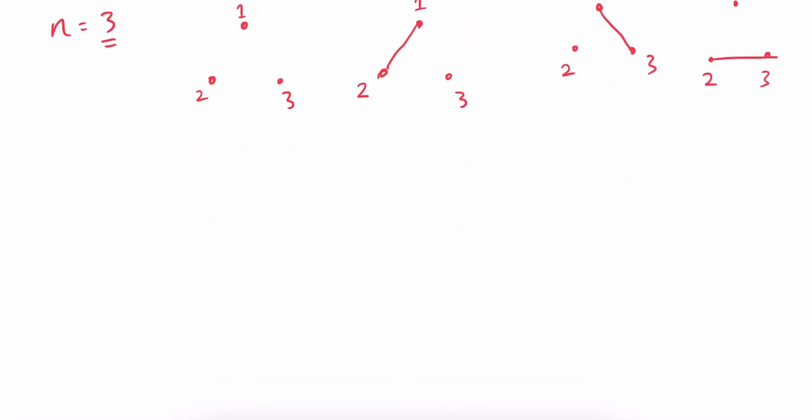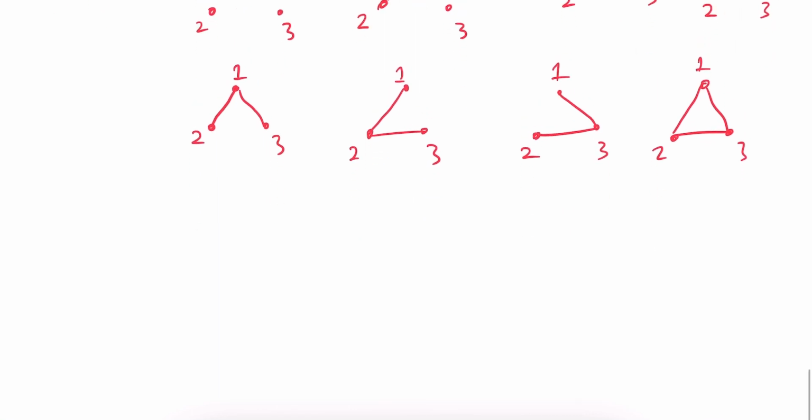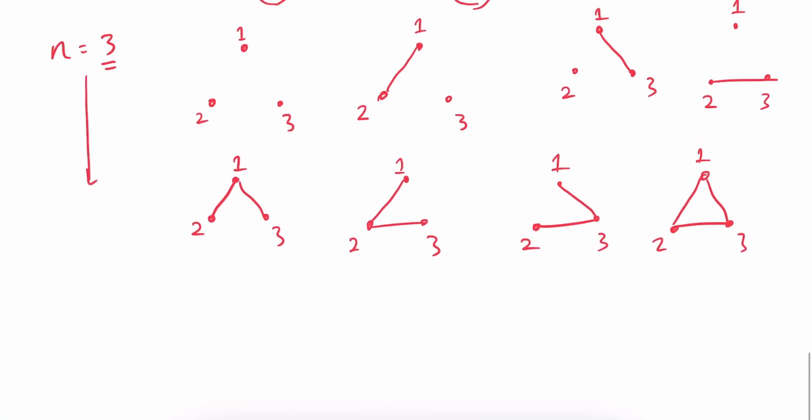We can have two edges coming out from node 1 to nodes 2 and 3. We can have two edges coming out from node 2 to nodes 3 and 1. We can have two edges coming out from node 3 to nodes 1 and 2. And lastly, we can have all of the possible edges. So the answer for n equals 3 is actually 8 possible graphs, as you can see here.